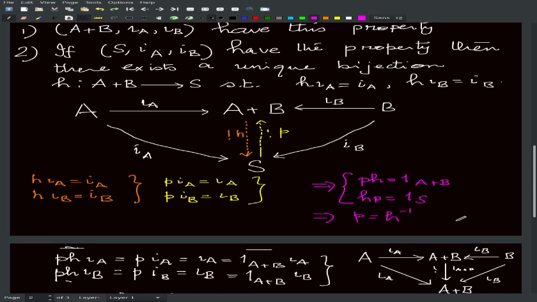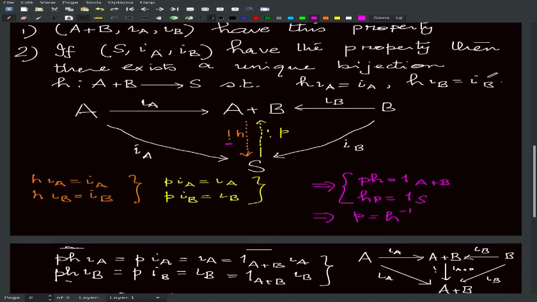Remembering that H is a bijection, it's a unique bijection satisfying this condition. So what is the characteristic about? You cannot have any other such triple other than the disjoint sum and the coproduct injections. So you see, it's characteristic.